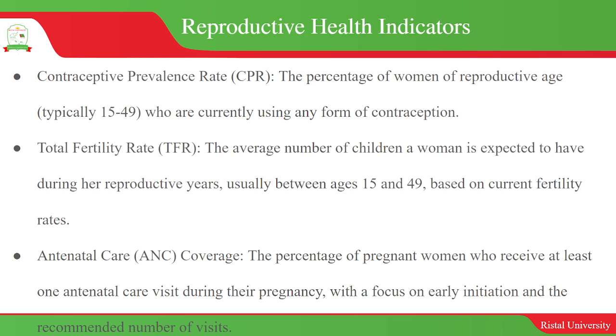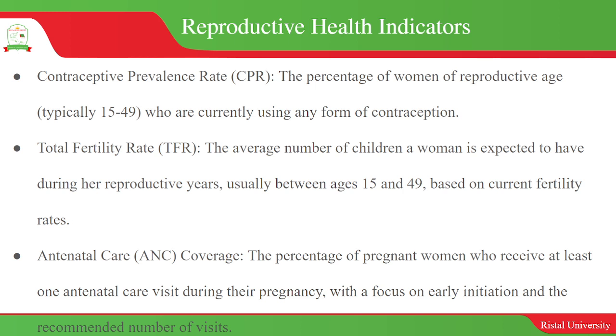The following slides are going to focus on the definitions of the different reproductive health indicators, what these indicators actually mean. We have already looked at contraceptive prevalence rate, which is basically the number of women within the reproductive age who are currently using any form of contraception.